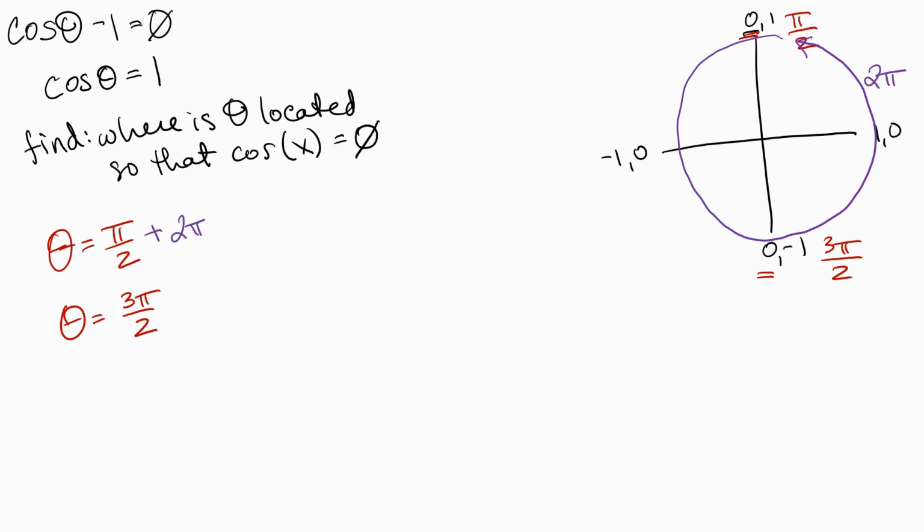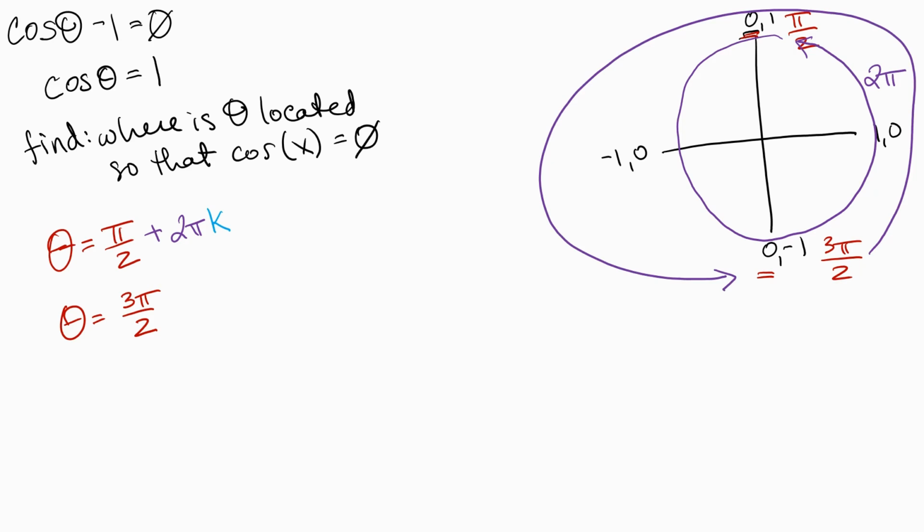Because we don't know how many times we want to go around the circle, we're going to use the variable k to show we can go around the circle a bunch of times. And the same thing can be said for our 3 pi over 2. We could also go all the way around and do another 2 pi, and we can add k on this as well. And that is going to be our two answers for this problem.